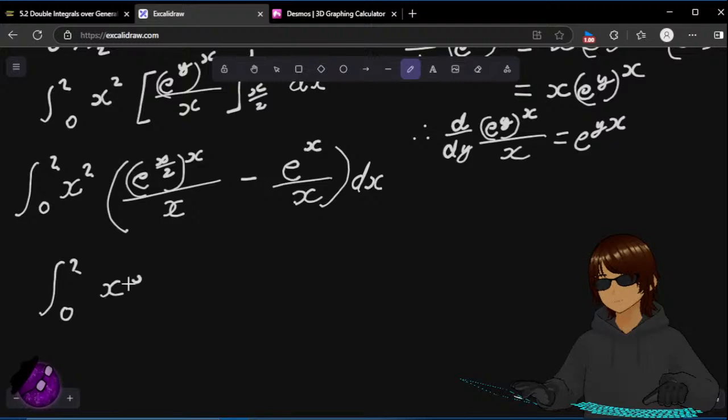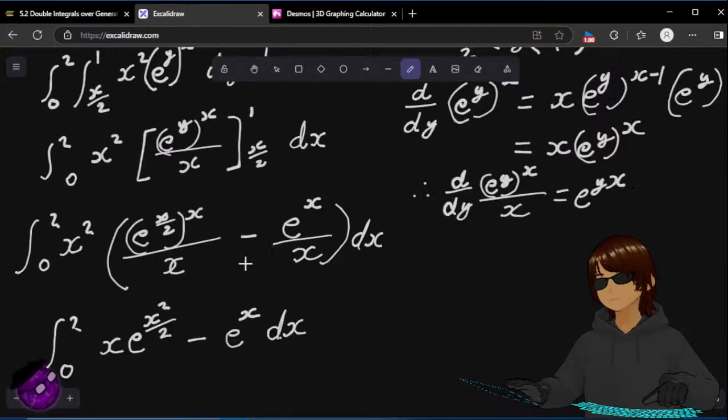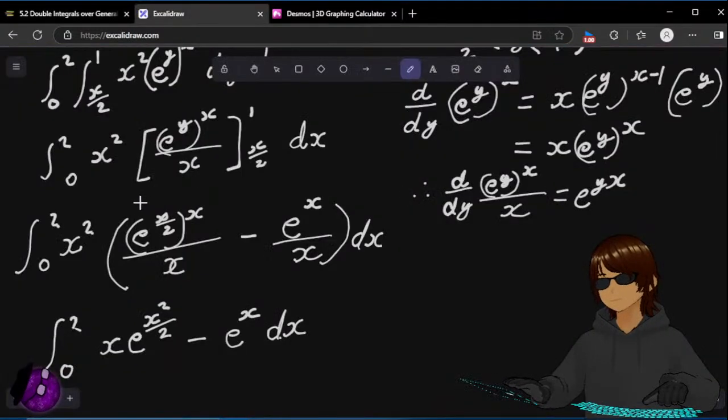Now we have e to the power of x square over 2 minus it with e to the power of x. X square over 2 and then e to the power of x.